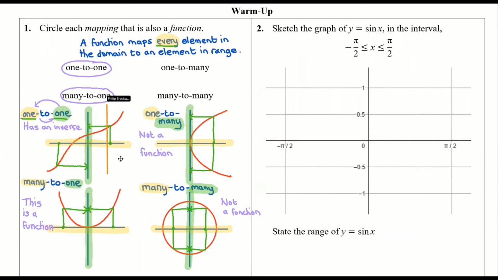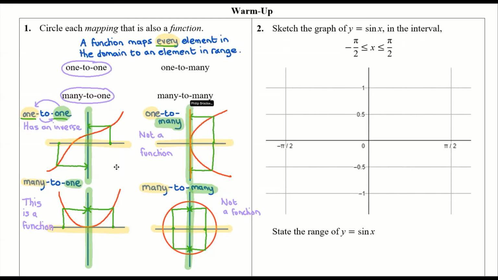So this has passed the vertical line test and it is a function. Now, this is actually a one-to-one function because it would also pass what we call the horizontal line test. But if we're just testing for this being a function, the vertical line test will do. If we move on to the second diagram, you'll notice that if I put the vertical line over the second graph, it's going to intersect at two places.